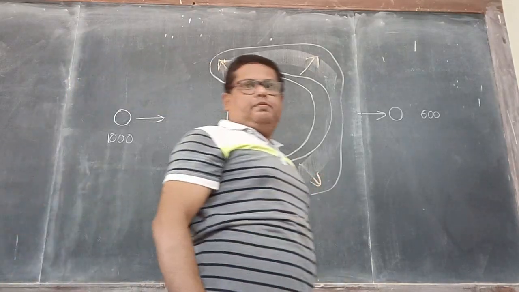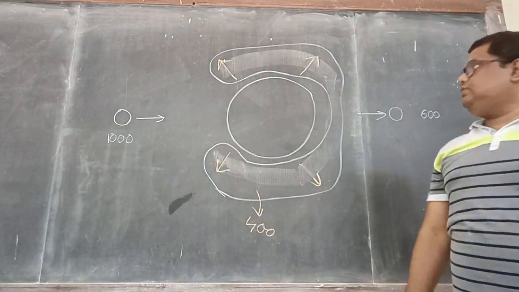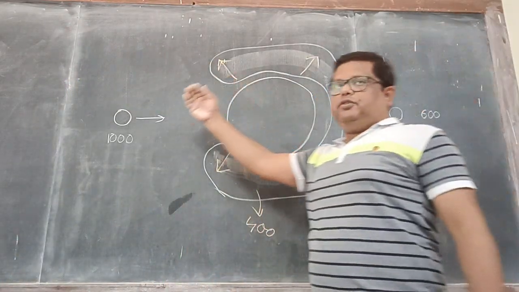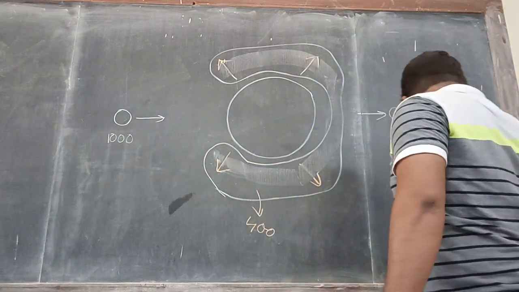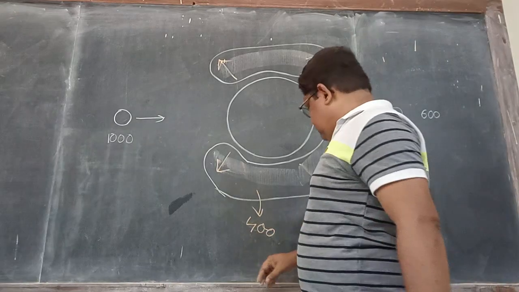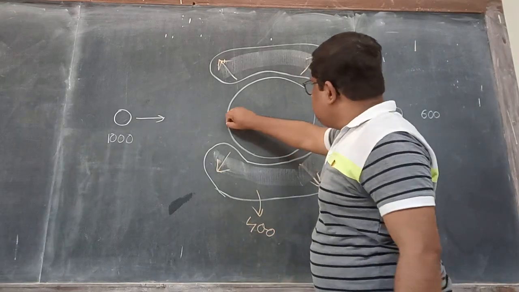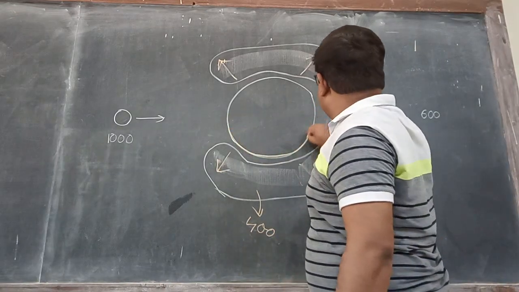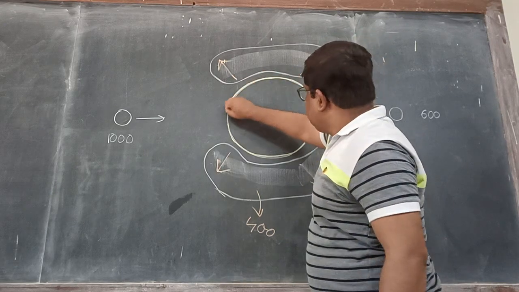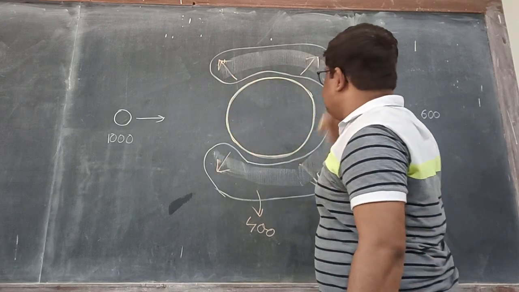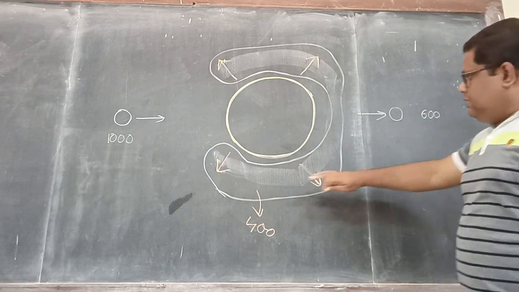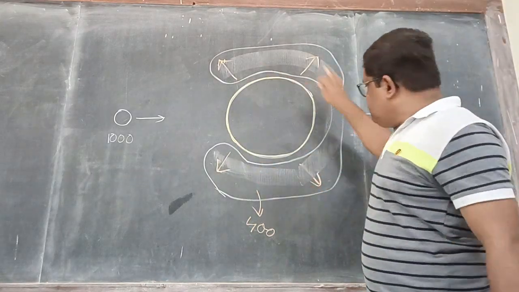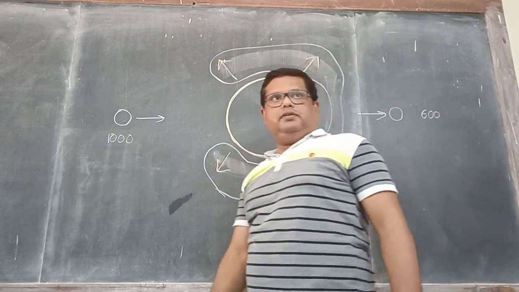So what does this picture tell me? 1000 projectiles impinging on a target. Suppose this is the target. 600 do not interact, and in other directions I am observing the rest of the 400.